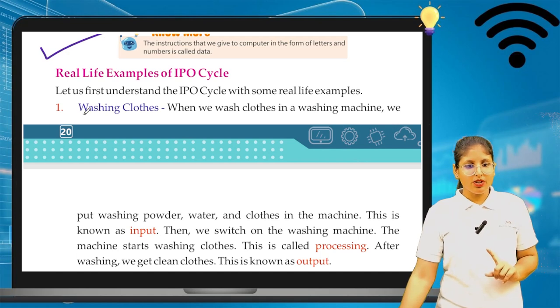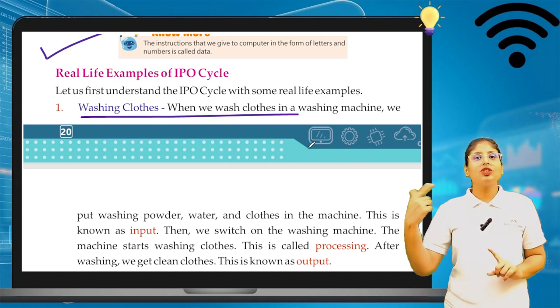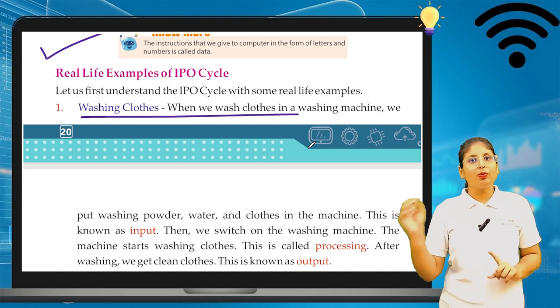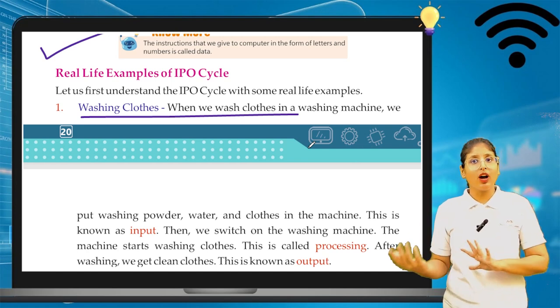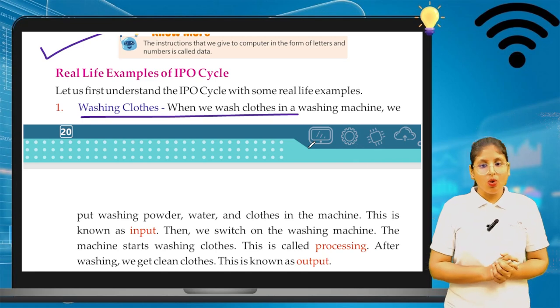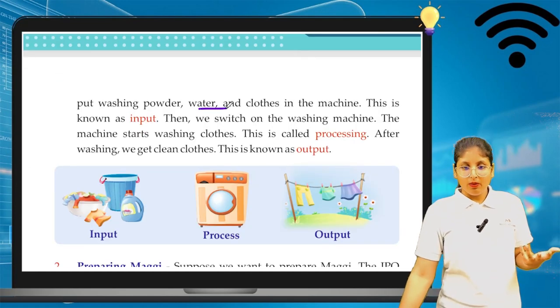First is the washing machine. We all have a washing machine in our homes. The washing machine works on input, process, output mechanisms. When we wash clothes in a washing machine, we put washing powder, water and clothes in the machine.